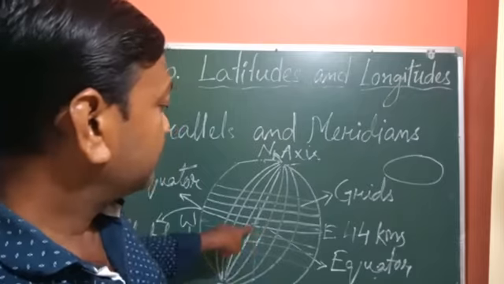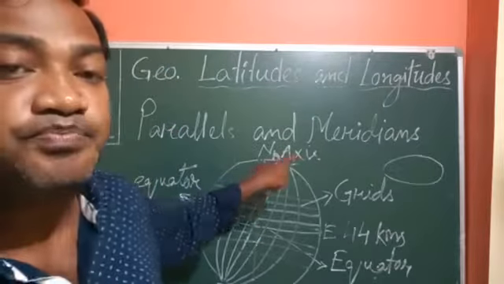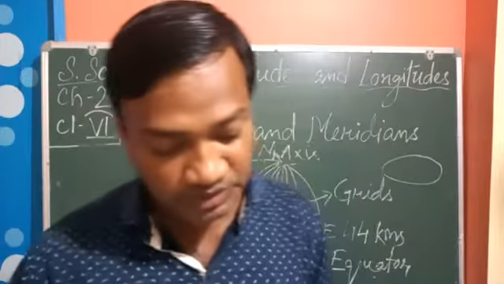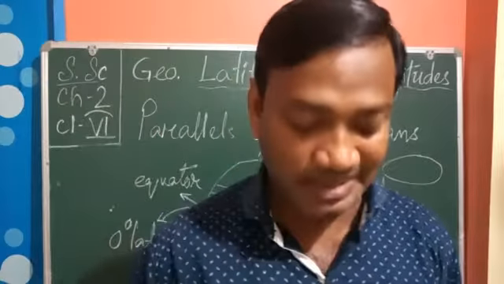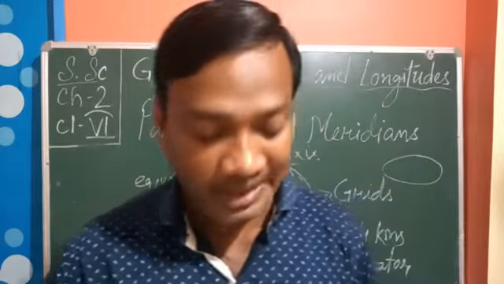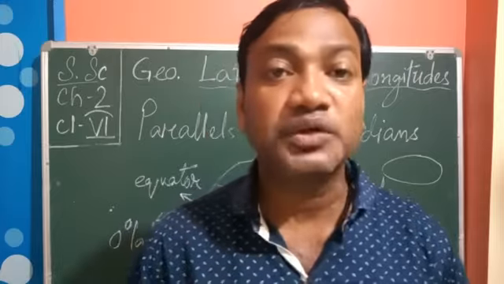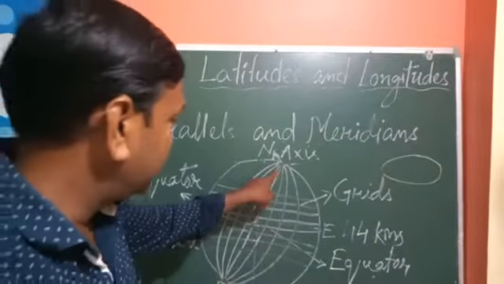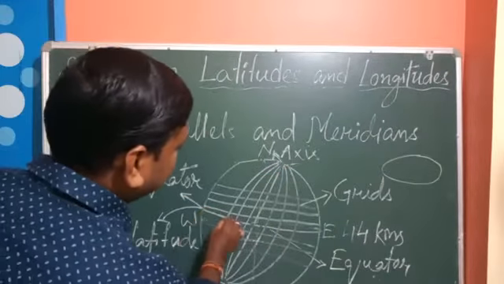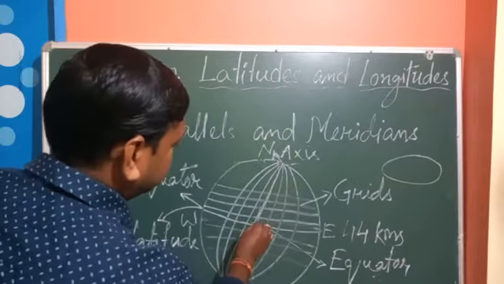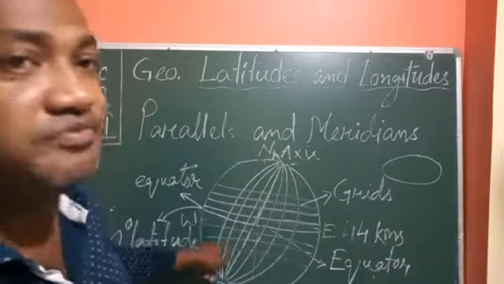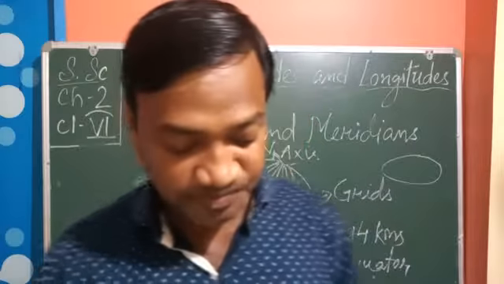So from 0 degree to the North Pole it is 1 part, 1/4 of a circle. Thus the latitude of the North Pole is 90 degrees. If we measure this, we find 90 degrees.